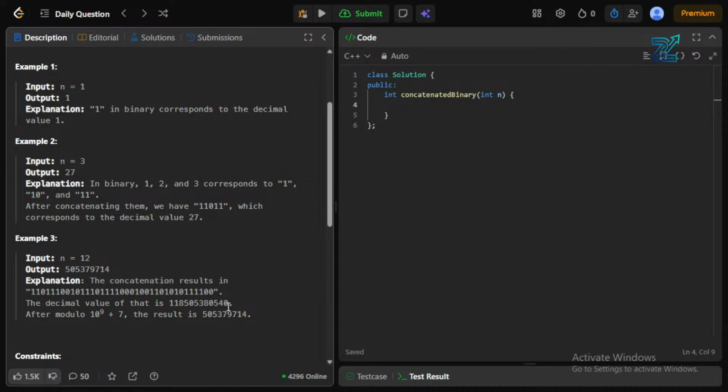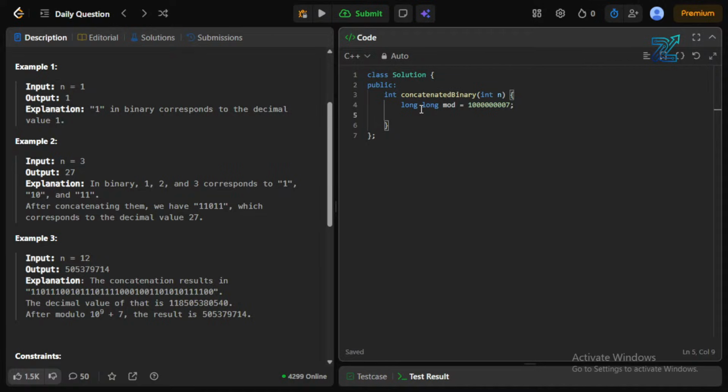So first I am taking one long to store the number. Mod equal to one big prime number, right? Why are we using this?